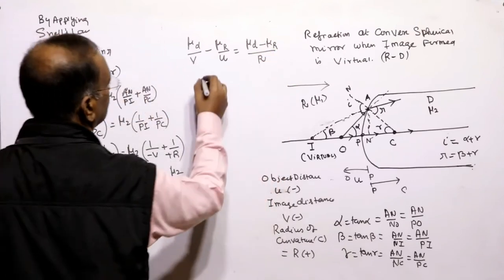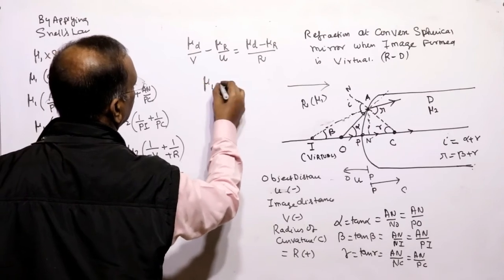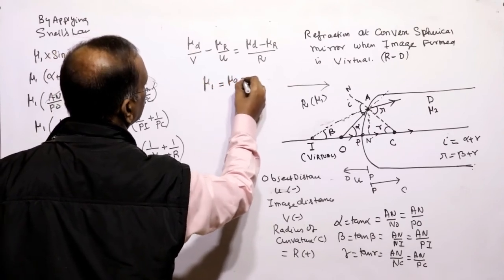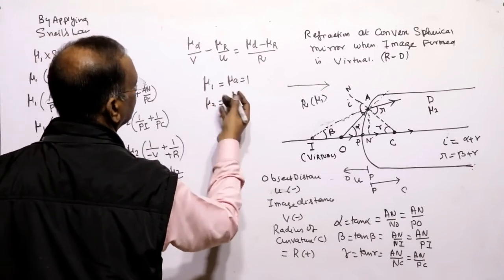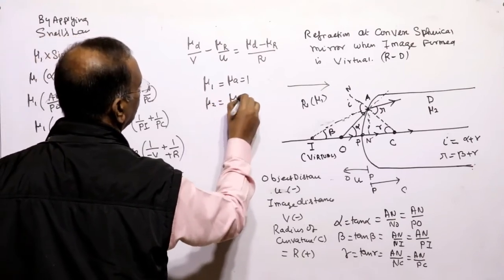If the first medium is rarer medium, that is air, then its refractive index is equal to 1, and the second medium is an unknown medium, so we can simply call it mu.